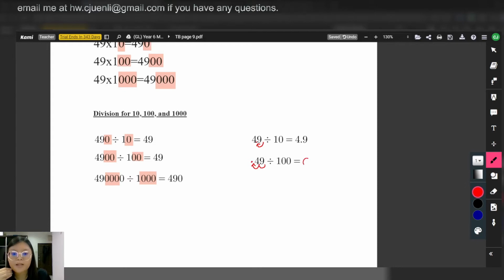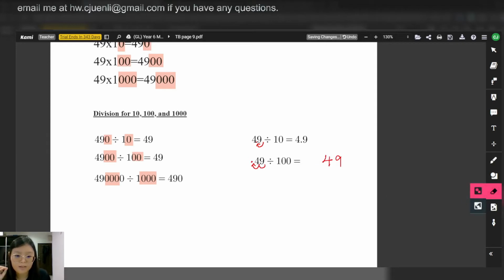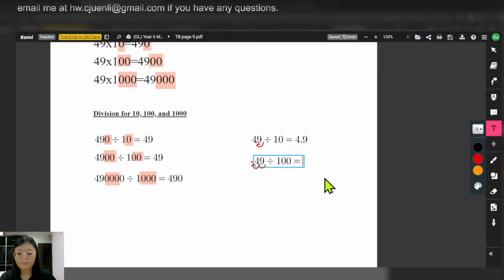So we got to put in 0.49 as the answer. All right, 0.49. Let me just type it out. It'll be much clearer and neater. 0.49. We don't say 49 for the digits at the back of the decimal point. We usually count it as one number at a time.